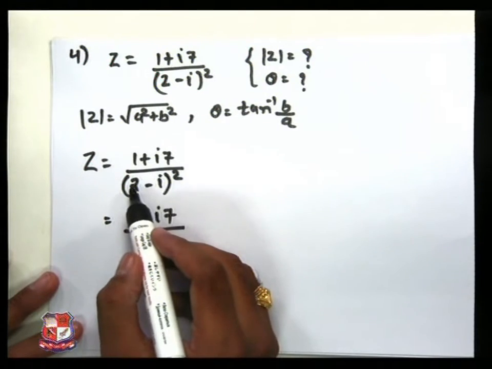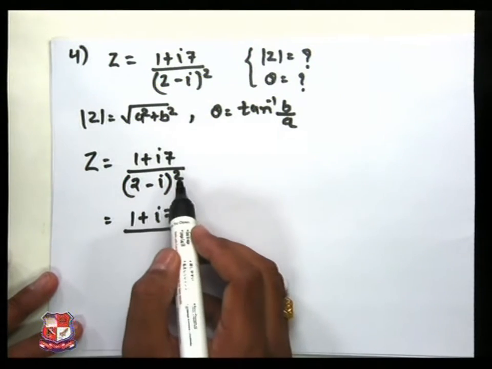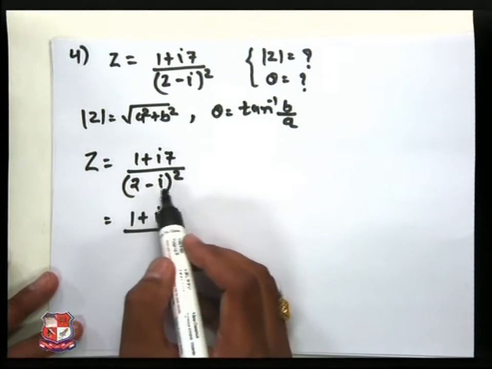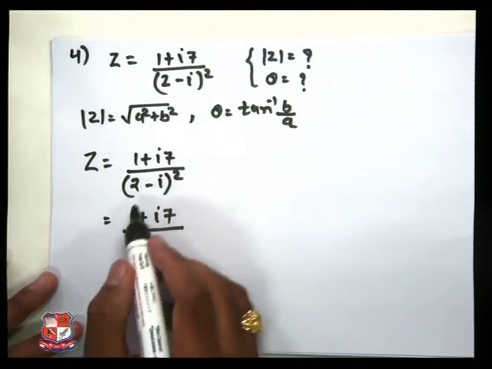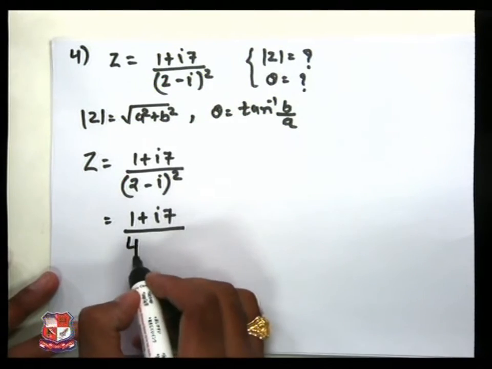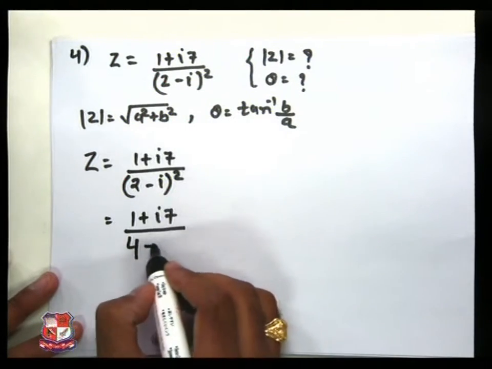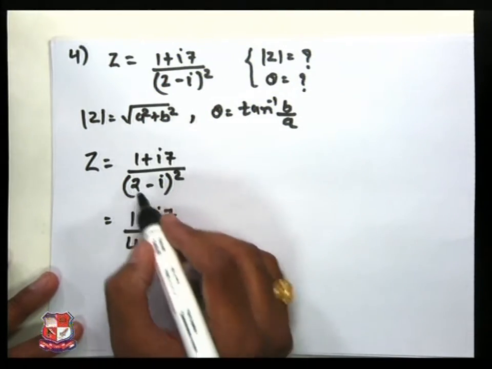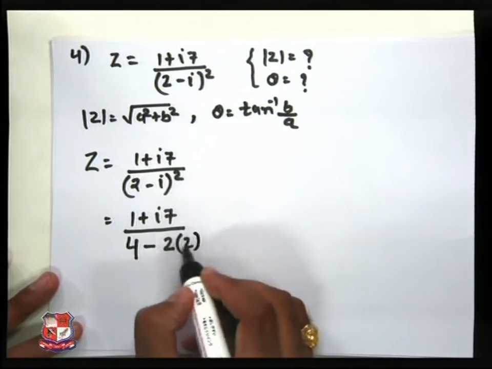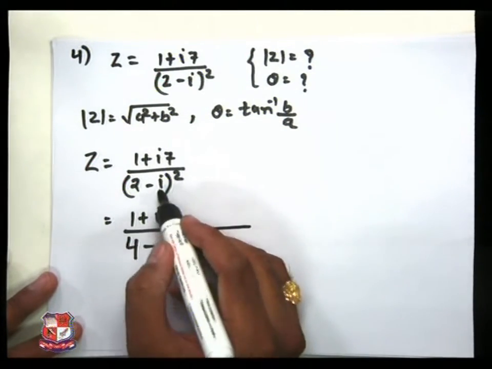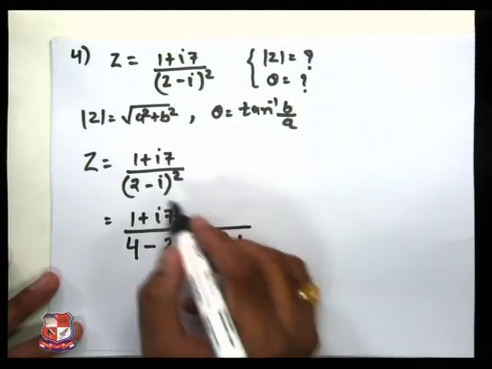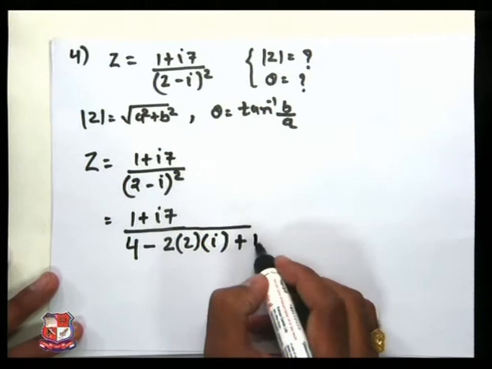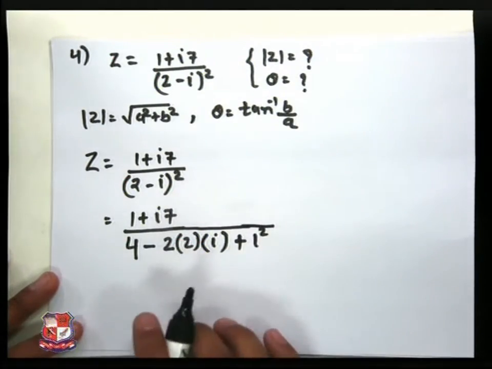First of all, we simplify our denominator term. (2 minus i) square is 2 square minus 2 into first term into second term plus second term square. So 2 square is 4, minus 2 into first term and last term, plus last term square, that is i square.